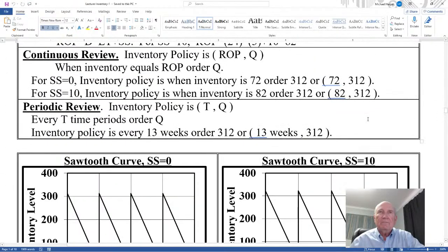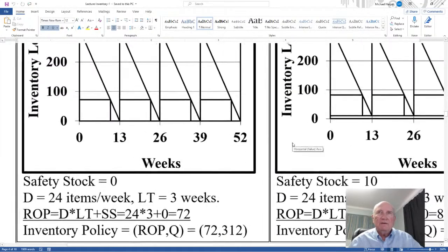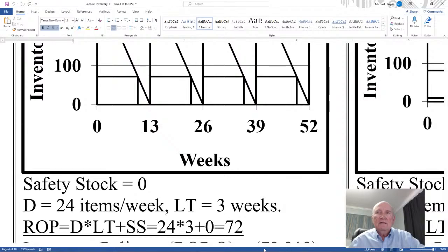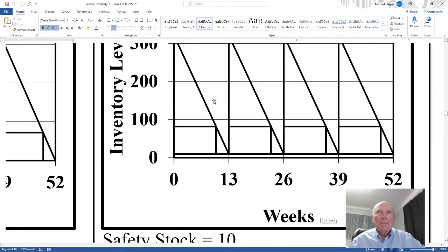Now notice, during one lead time right here, this line is my demand times lead time, D times LT. Over this lead time, 1/2 of that is going to be my average inventory.